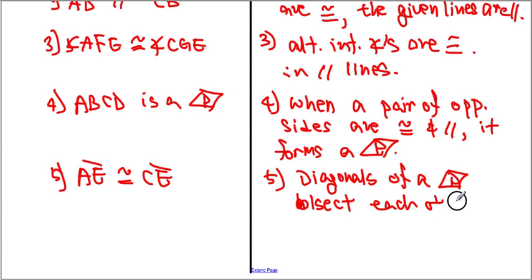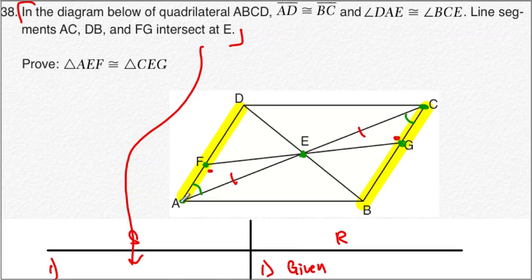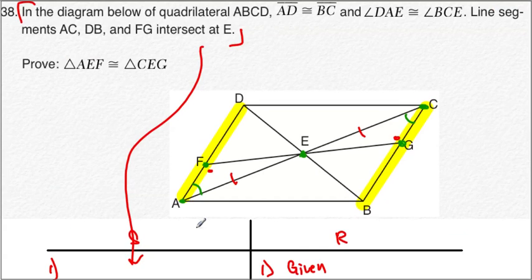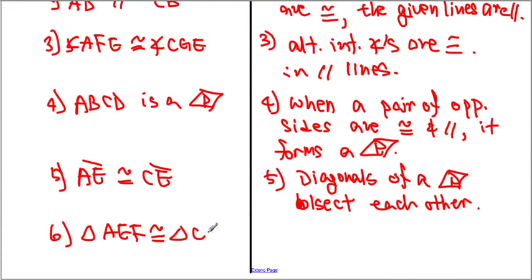Alright, so number 6, then we can say that triangle AEF must be congruent to triangle CEG by angle, angle, side. Alright, that's about it.